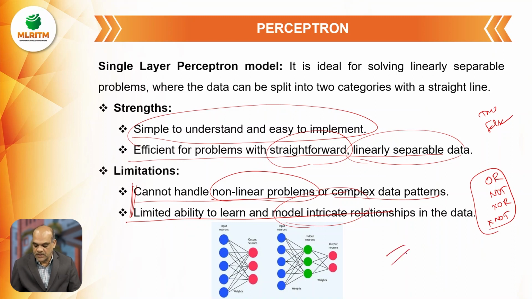When multiple inputs are provided, this SLP has limited ability to learn the features, and at the same time, finding the relationships among these inputs is also difficult for the single layer perceptron.